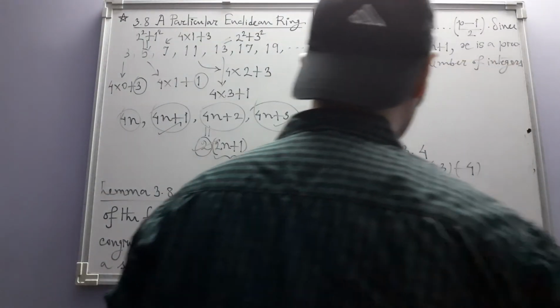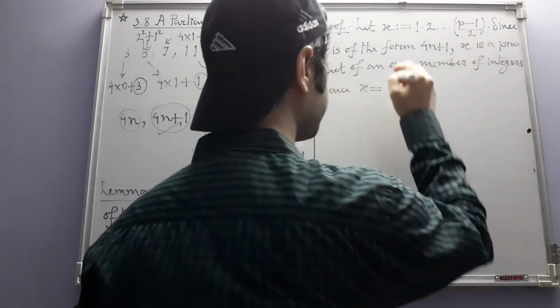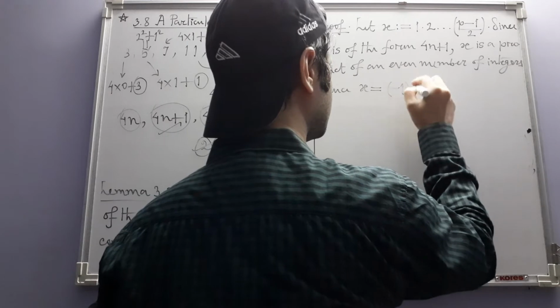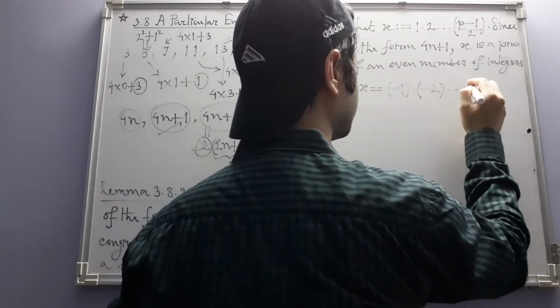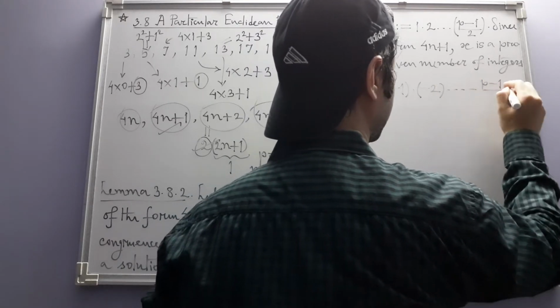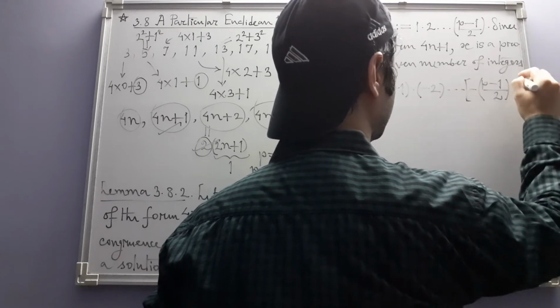So the exact thing we are now going to write here in the general case: x is minus 1, minus 2, etc. to minus of p minus 1 divided by 2.